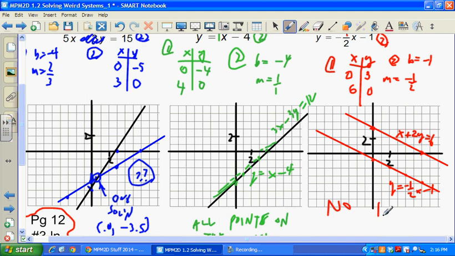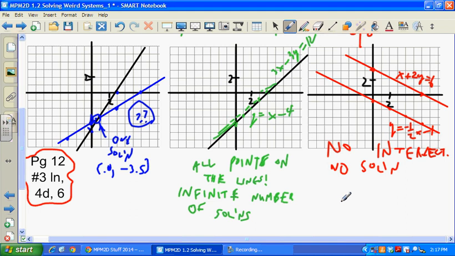No intersection, which means there's no solution. And in fact, we can say line 1 is parallel to line 2.